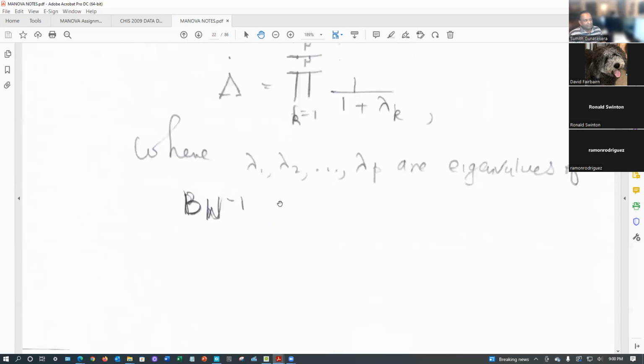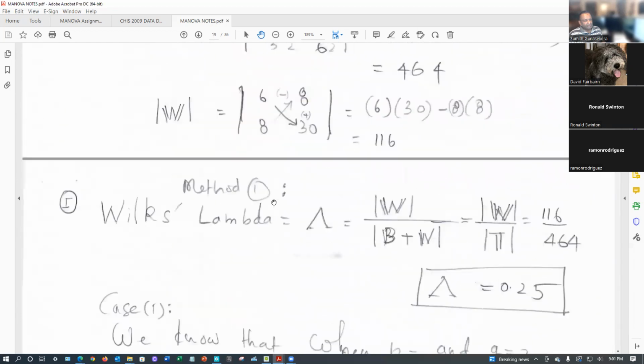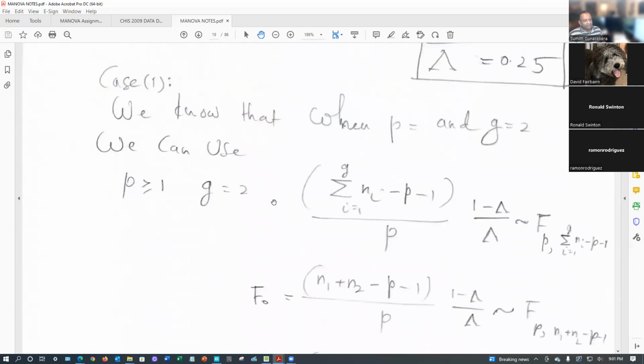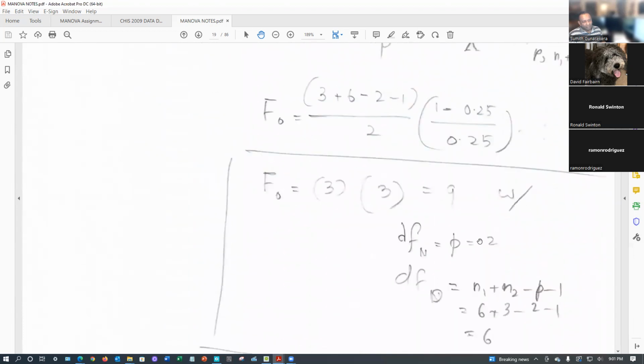Degrees of freedom. Here. See? Degrees of freedom is nothing but P, which equals 2, because P stands for the number of variables.